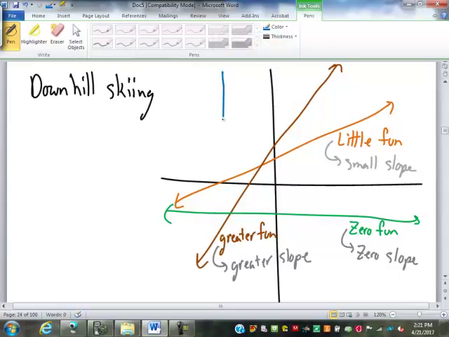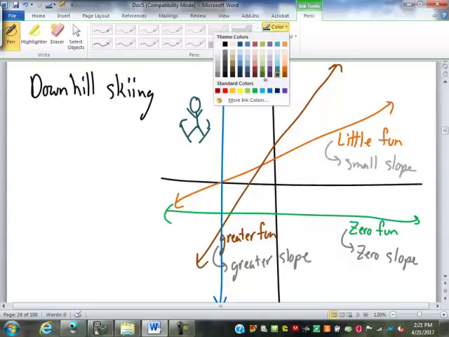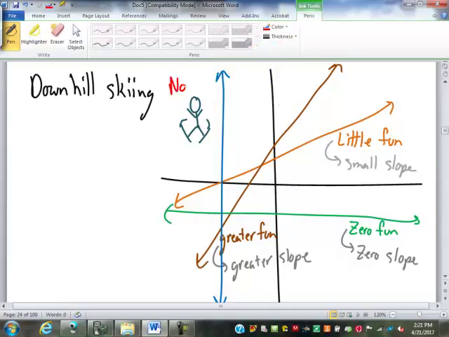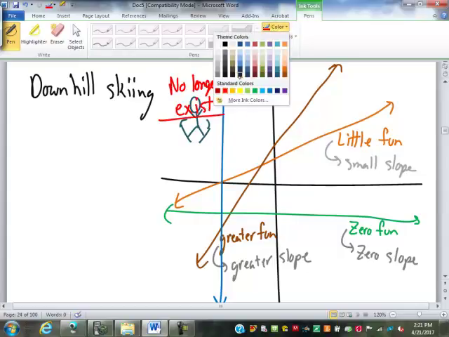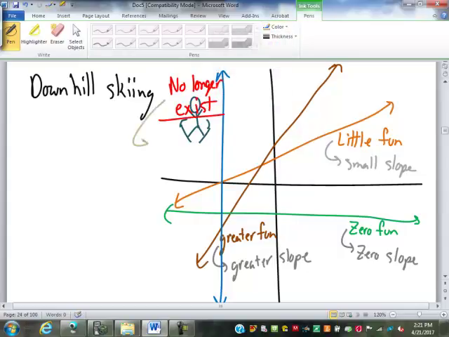So then if I'm on a hill that looks like this, that would be a cliff. What happens to me if I ski off a hill that looks like that? I no longer exist. So that slope does not exist.